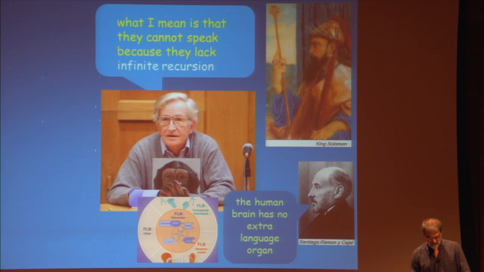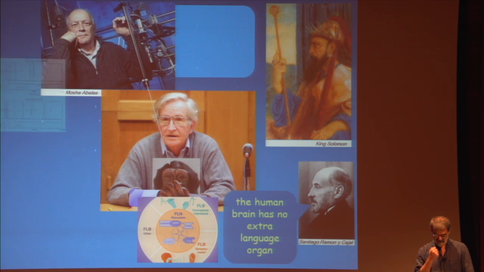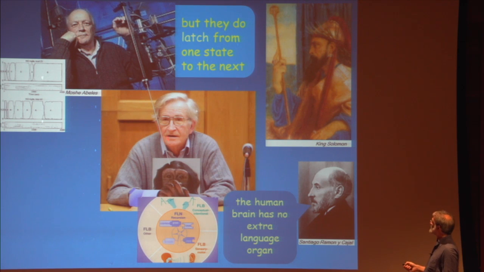Now, if that is unique to humans, it's interesting that neurophysiologists like Moshe Abeles, who record from the frontal cortex of monkeys, find ways to describe the neural activity they observe through some kind of data analysis, through some computer algorithm that extracts from this activity a putative sequence of states that are linked in a succession, in the frontal cortex of a monkey that is thinking about how to execute a certain task.